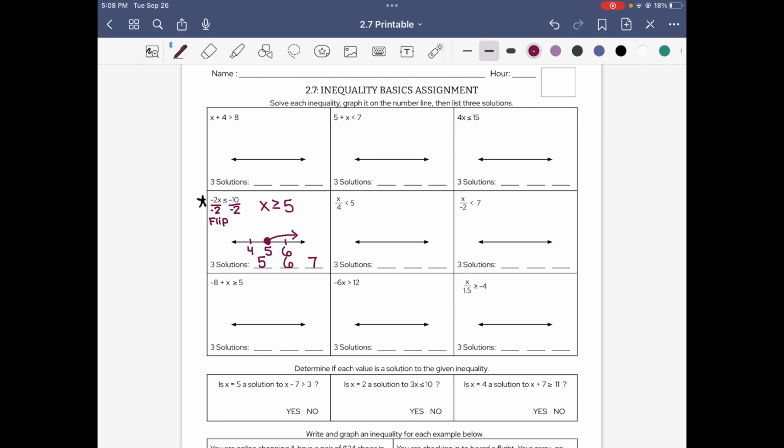If that circle is open, you can't put it here. So if that was an open circle 5, I wouldn't be able to put it on that solution list. It can only be a solution if it's in the shaded area, not an open circle.